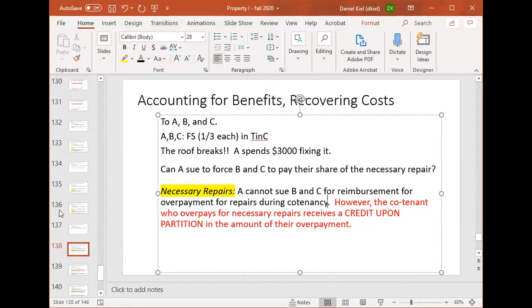However, if there is a partition, then A is given credit for their overpayment when the partition occurs. This is called credit upon partition. So no right of contribution, but credit upon partition for A in this example.